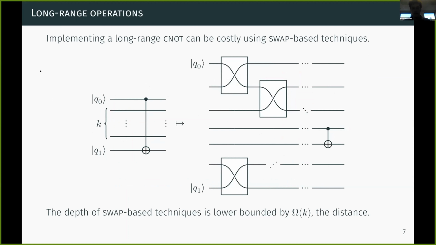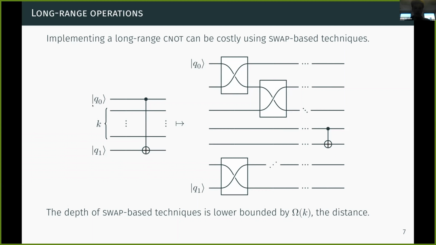Now let's zoom out a little bit, and we take our quantum algorithm, which consists of many single qubit operations and CNOTs, with a chosen gate set, for example, Clifford plus T. And then we realize that implementing a long-range CNOT can be quite costly if the two qubits storing the logical information are very far apart, if we use these traditional swap-based techniques.